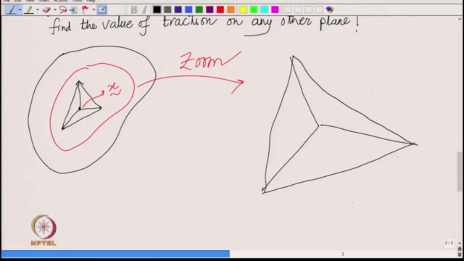Okay. And here is your point x, the vertex. So, now I guess you can see the 4 faces. Maybe if we level it, it is more clear.